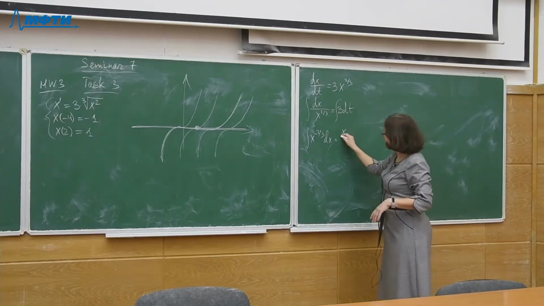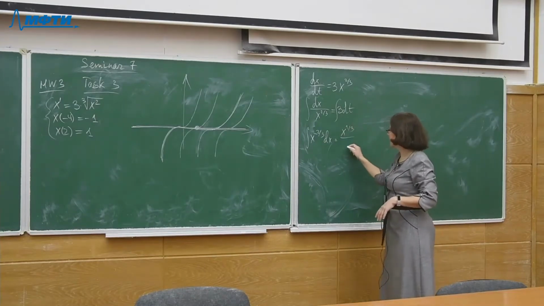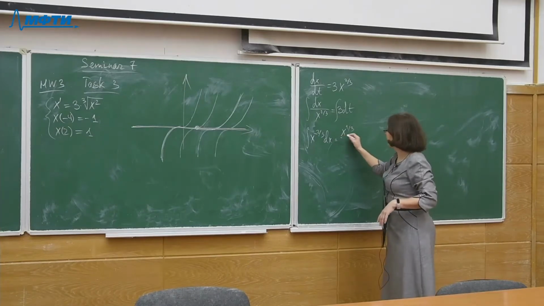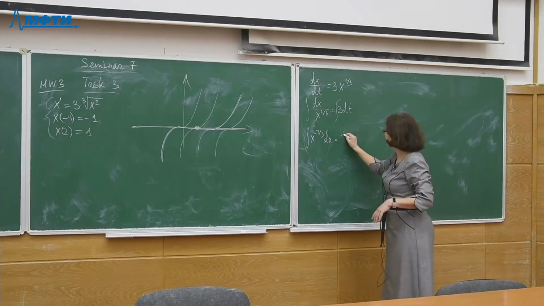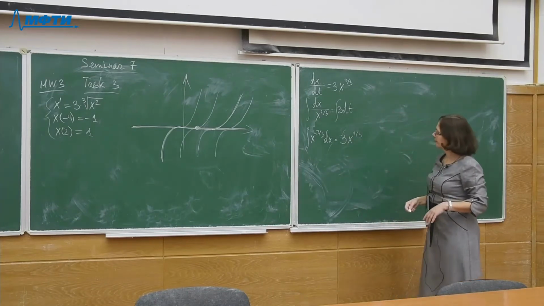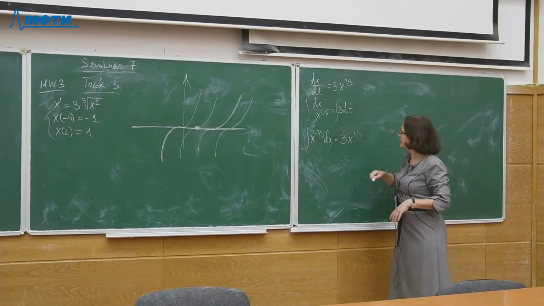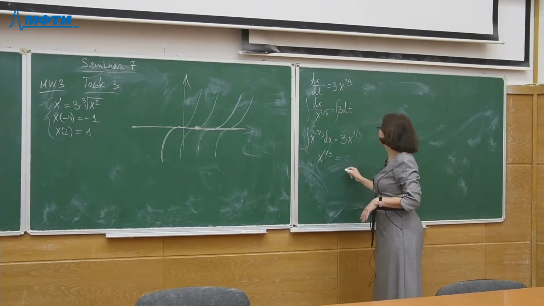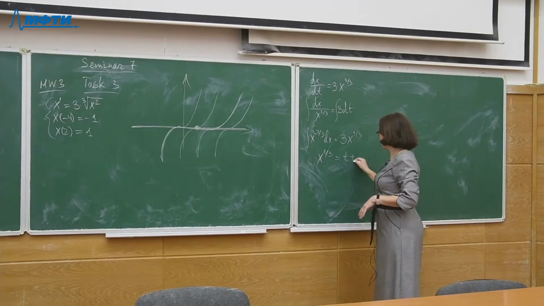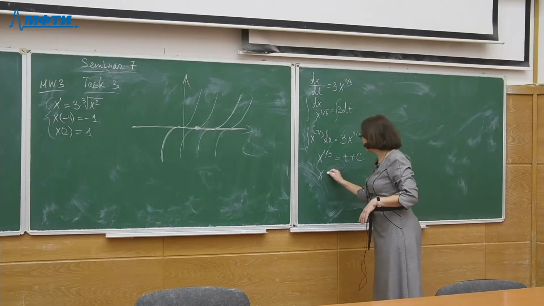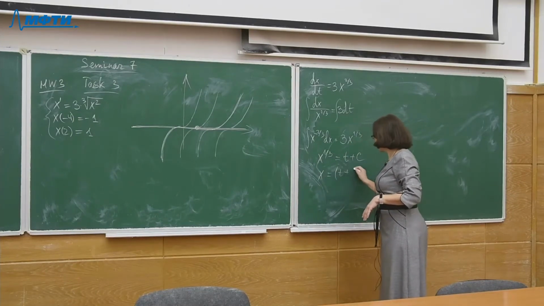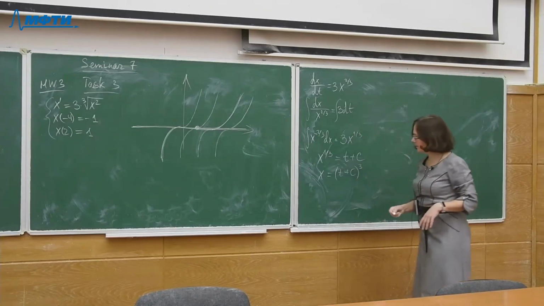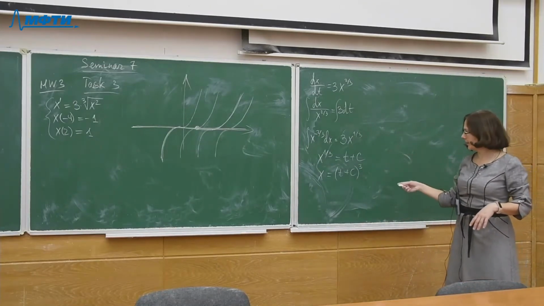It is x to the power 1/3 over 1/3, multiplied by 3, plus the constant, and 3t. So we have the following: x to the power 1/3 equals t plus c, and then x equals (t plus c) cubed. You can see the cubic parabola.